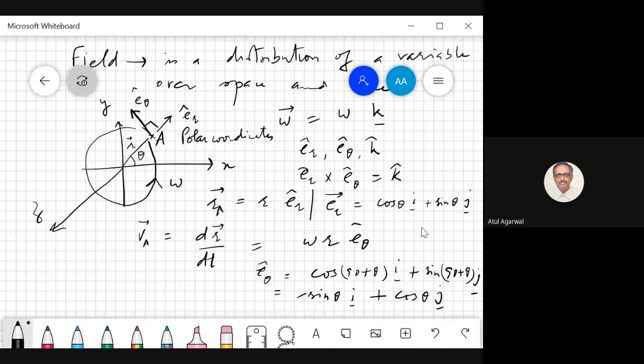So what is the velocity then? Omega r into minus sine theta i plus cos theta j.